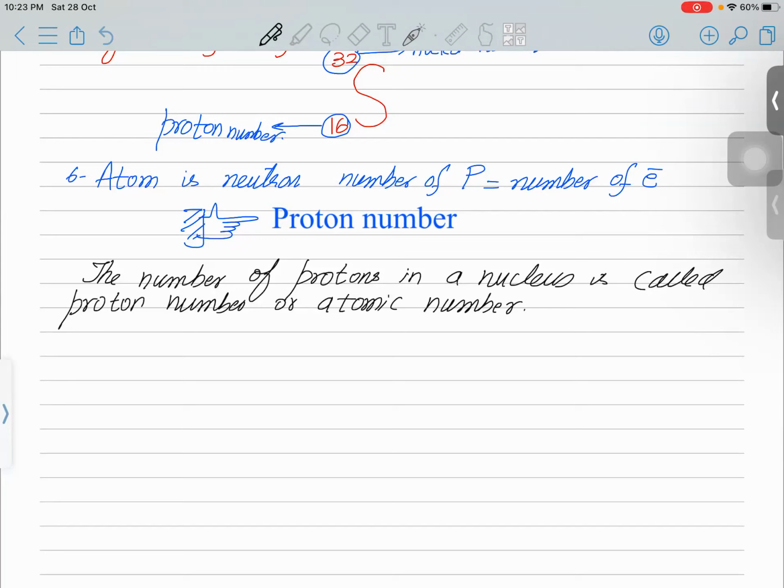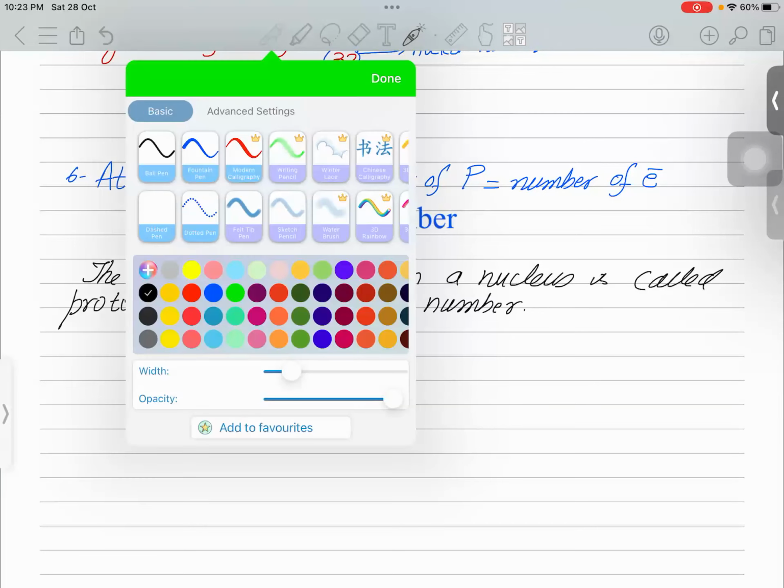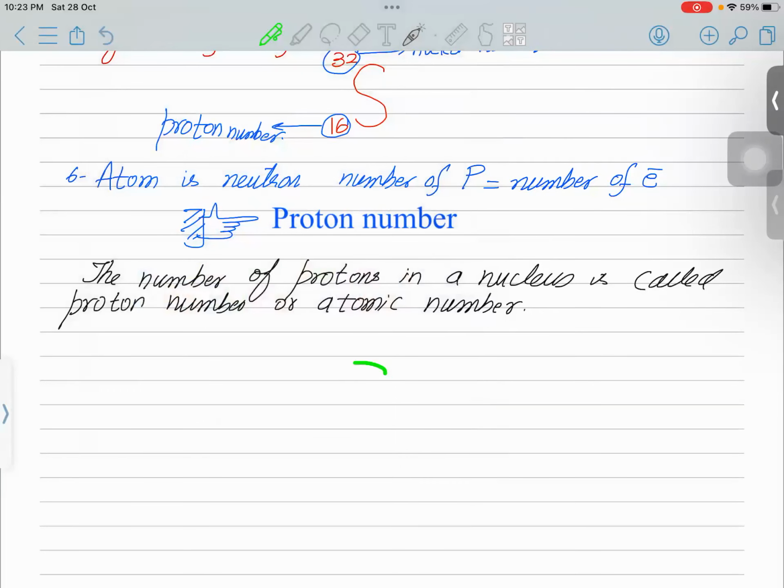This is called the proton number. For example, carbon. Here you have 12, here you have 6.